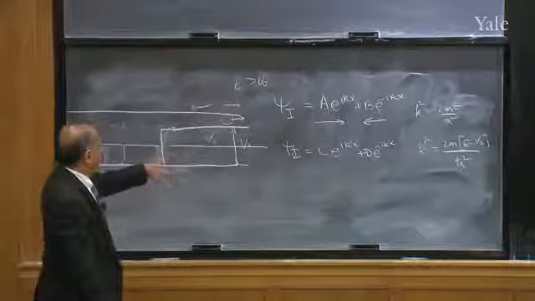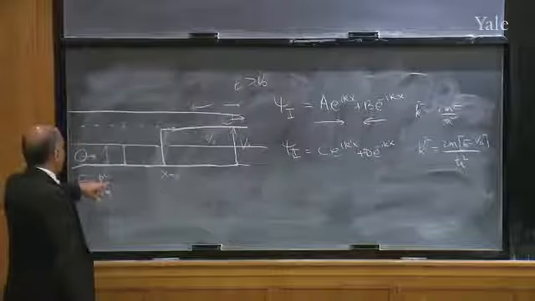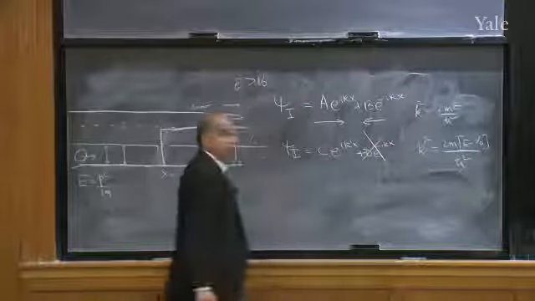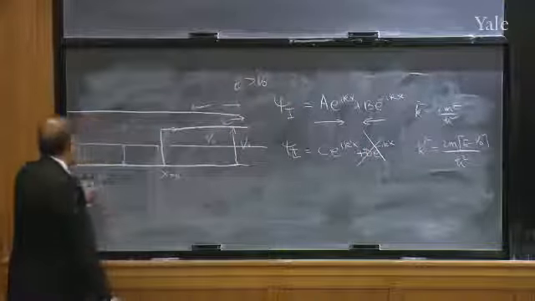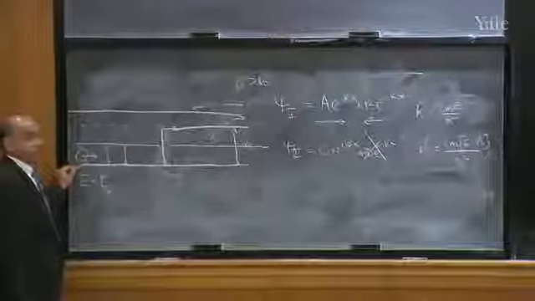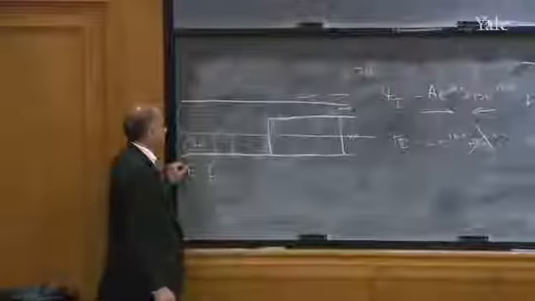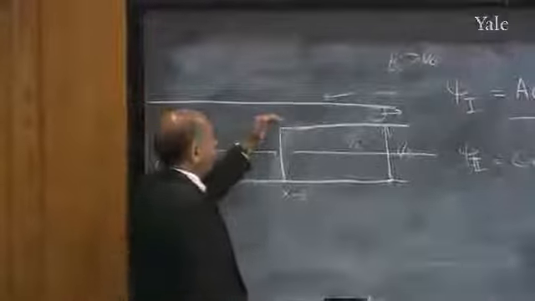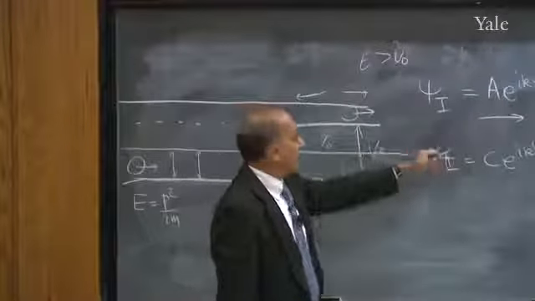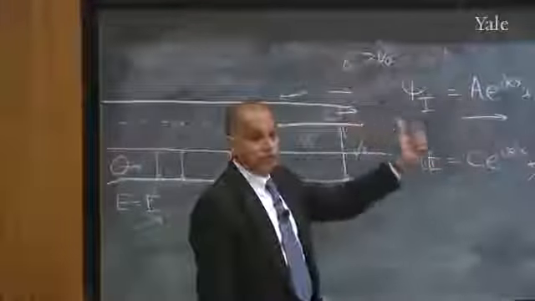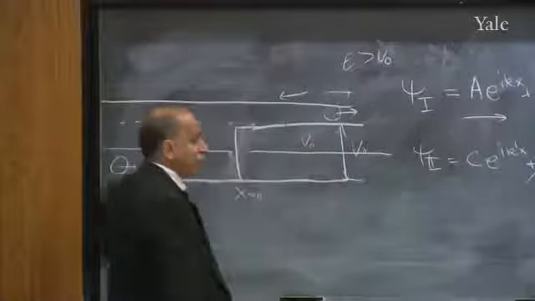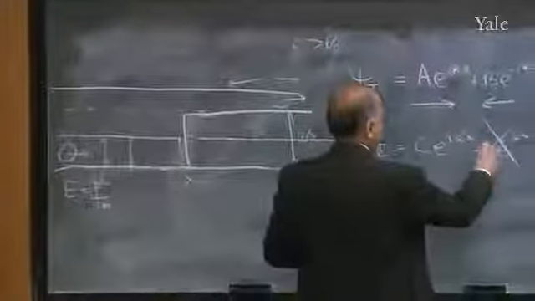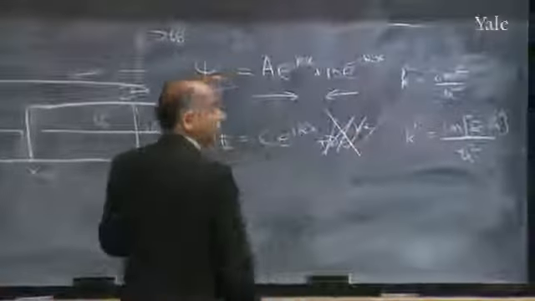You can pick the coefficients A, B, C, D arbitrarily, but I'm going to choose D equal to 0, because what I have in mind is a problem where the particle came in from the left. If it came in from the left, I'm prepared for some of it coming back, reflected, and some of it getting transmitted. There's nobody coming in from the right at plus infinity, because I'm not sending anything from there. I'm sending my particle from the left. So I pick D to be 0.